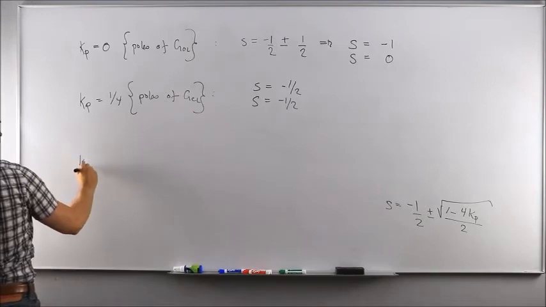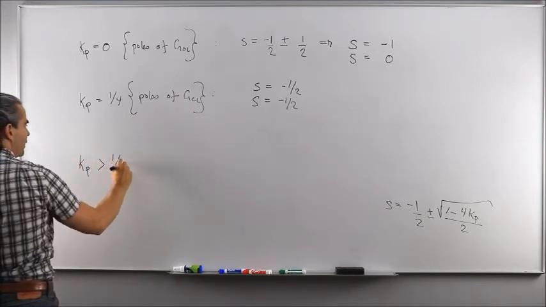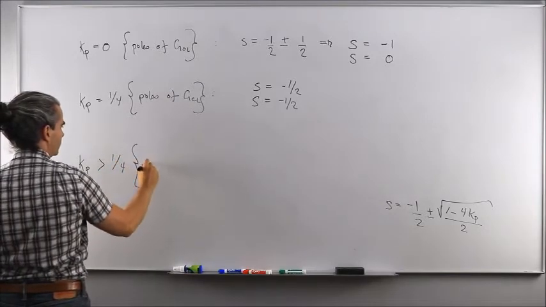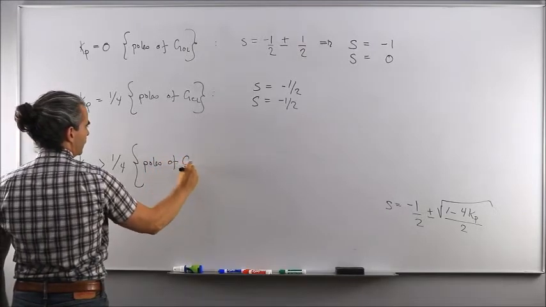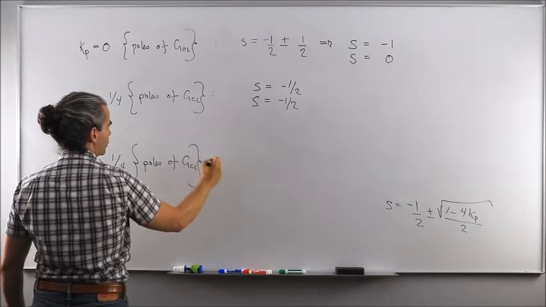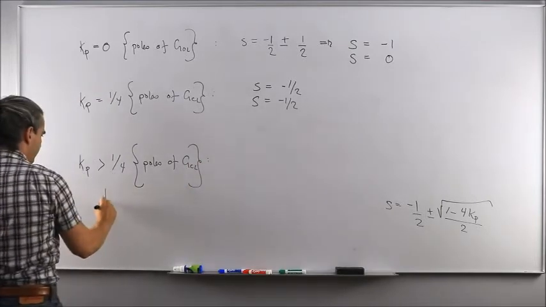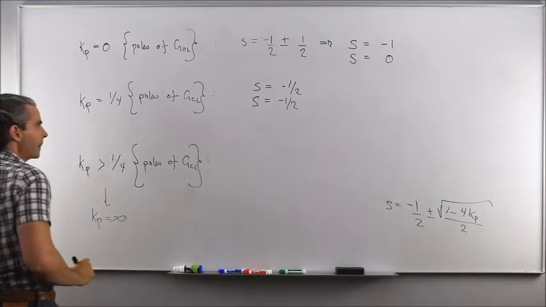And now, whenever Kp gets larger than 1/4, these are the poles of the closed loop transfer function again, all the way to Kp equal to infinity, right?